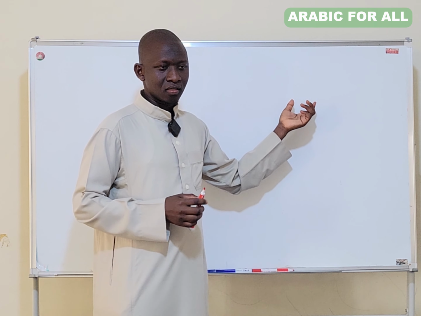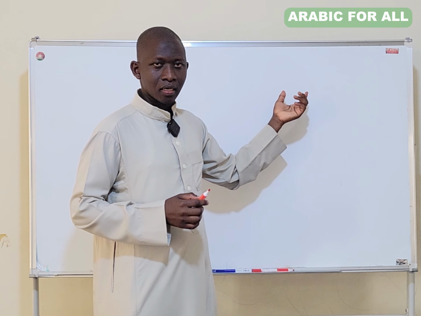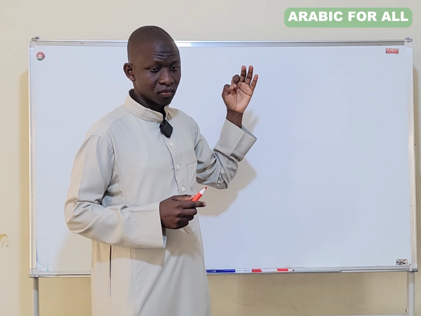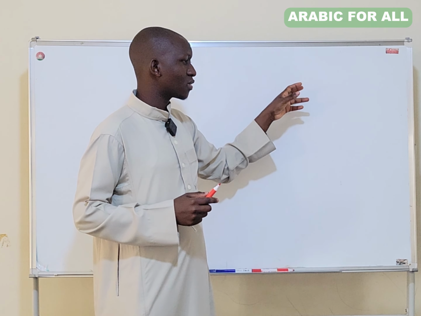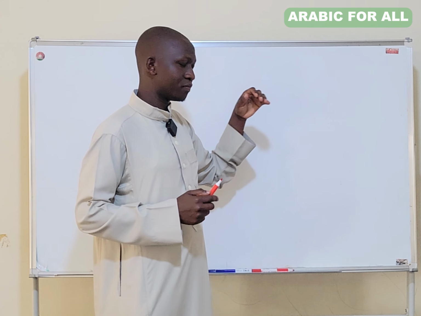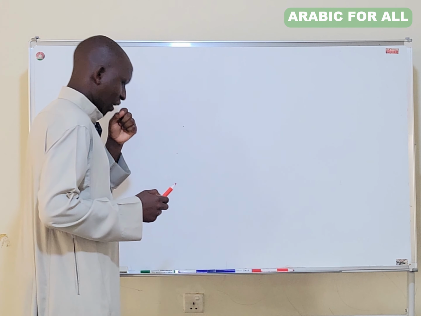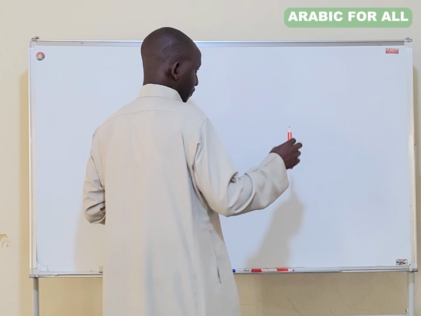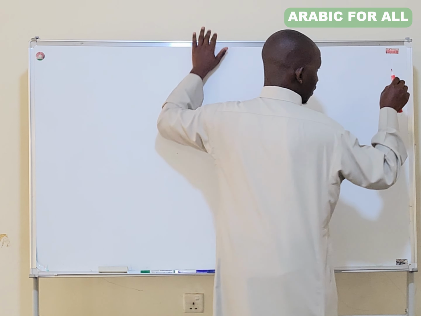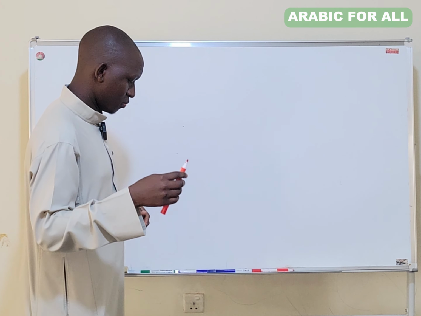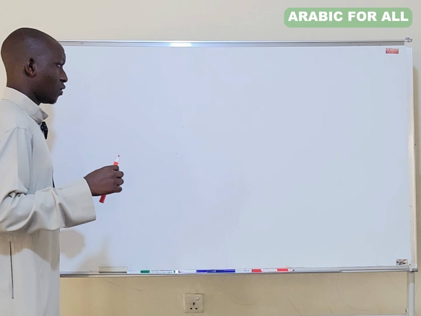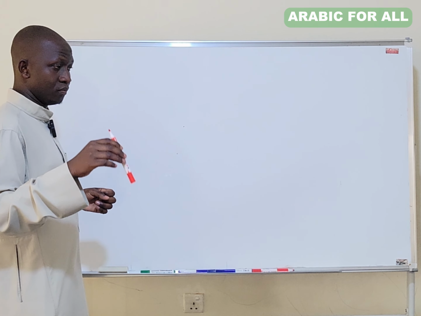These letters have what we call sounds, and those sounds come as a result of the vowels that are placed onto them. An example is in English alphabets, we have what we call the vowels.